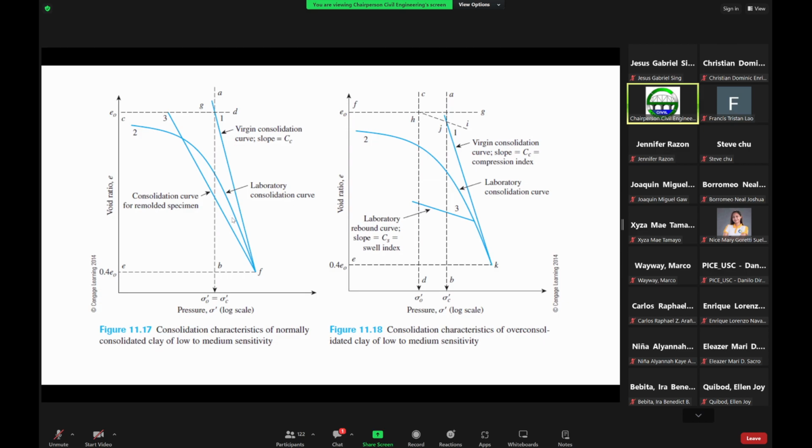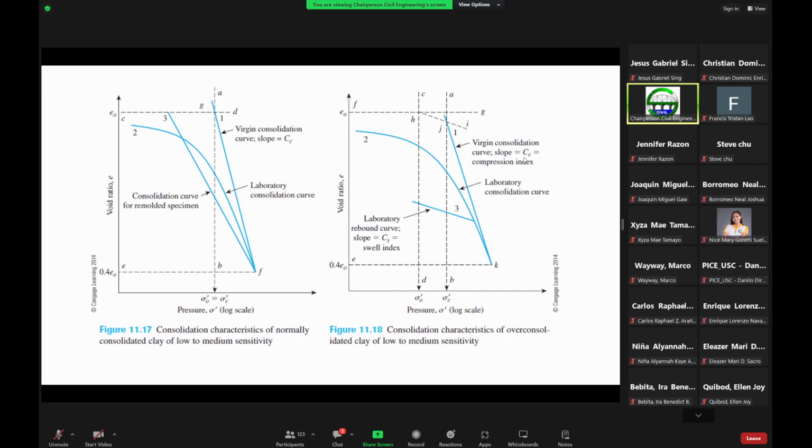Now in this curve, the pre-consolidation pressure at this point is equal to the present effective overburden pressure. Now, in the case of the over-consolidated clay, if you have this as your laboratory consolidation curve, then this one here is again your virgin consolidation curve, with a slope equal to C sub C, or the compression index.